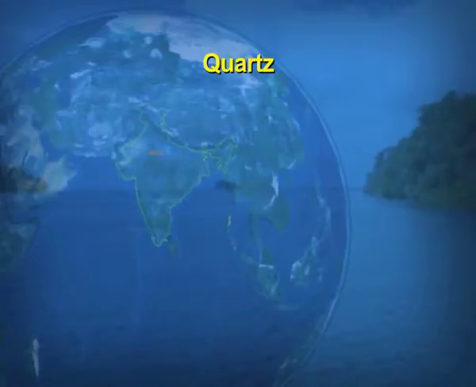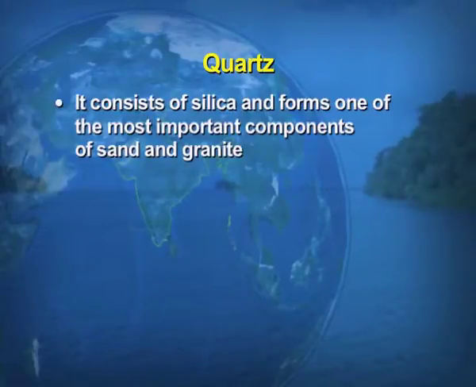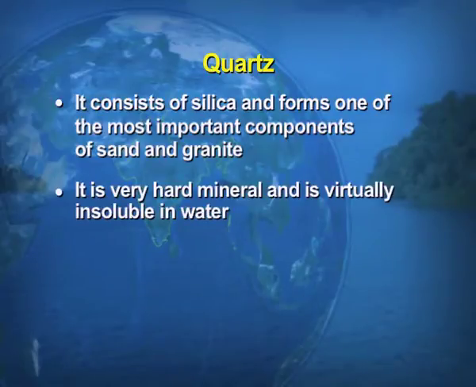Now, the second mineral is quartz. It consists of silica and forms one of the most important components of sand and granite. It is a very hard mineral and it is virtually insoluble in water. So, if it is hard, that means it will be resistant also, which cannot be eroded or weathered very easily.